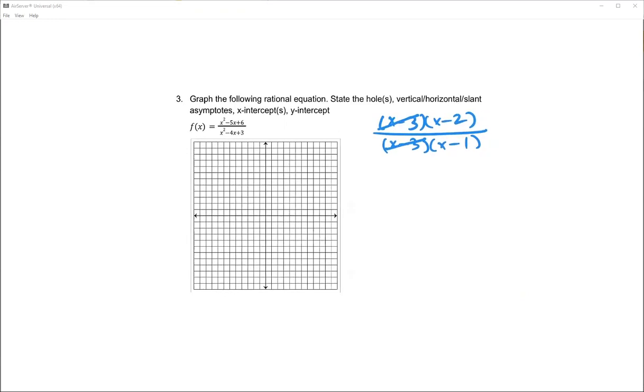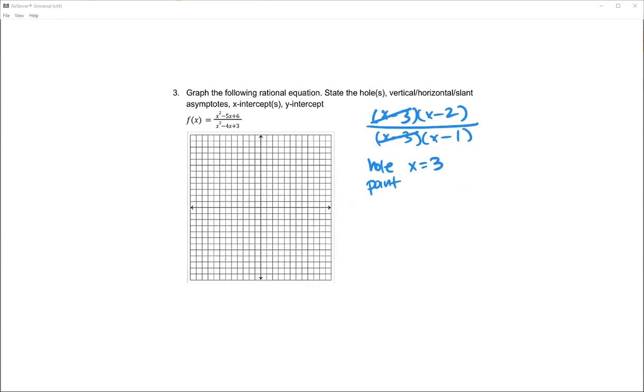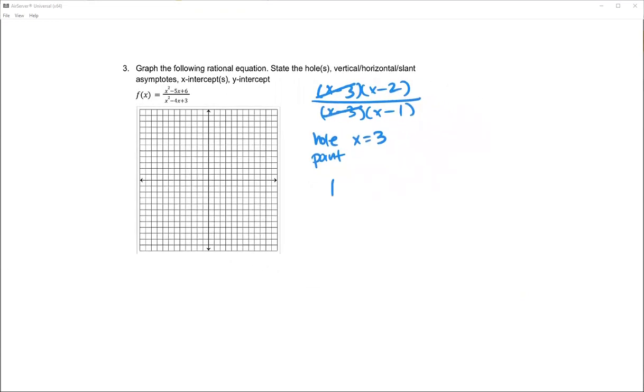So we're gonna have a hole at x is equal to 3. This is a point. And then we graph the equation. Our new equation is x minus 2 over x minus 1. So our vertical asymptote is at x is equal to 1. So we'll graph it here. I'm gonna skip every other spot. This is 1.